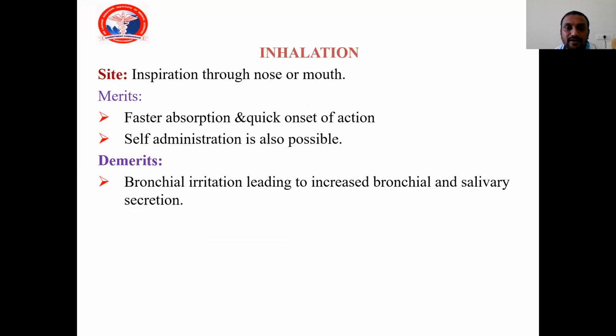Inhalation route, where the drug is taken in through inspiration via the nose or mouth. The merits of this route are faster absorption and quick onset of action, and self administration is possible. Coming to the demerits of inhalation, bronchial irritation leads to increased bronchial or salivary secretions.